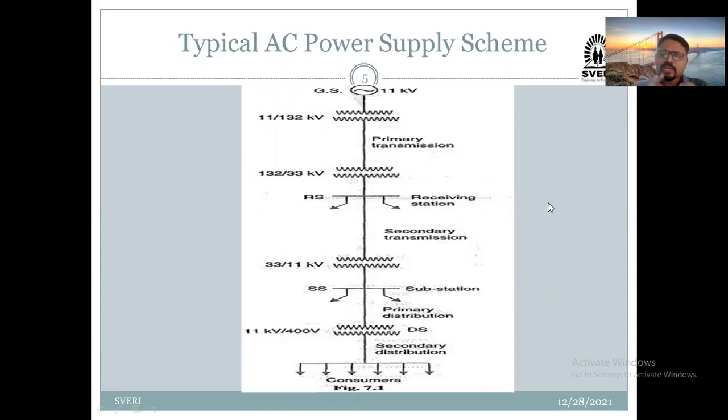So many times in the examination, the question arises: the secondary distribution is carried out with the help of what?